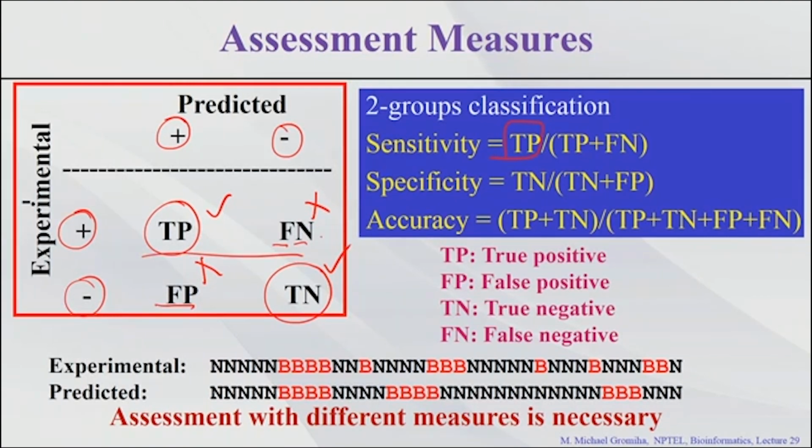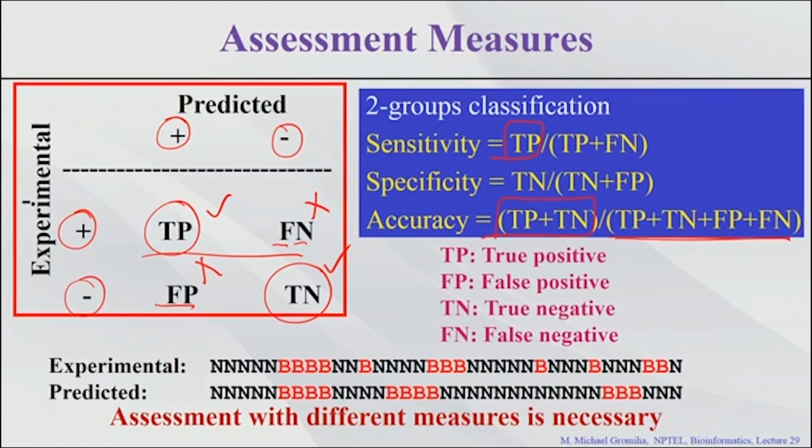Specificity is true negative divided by true negatives plus false positives. Accuracy is the number of correct predictions divided by the total number of samples. For example, if you have 100 samples and 70 are correctly predicted, accuracy will be 70%.